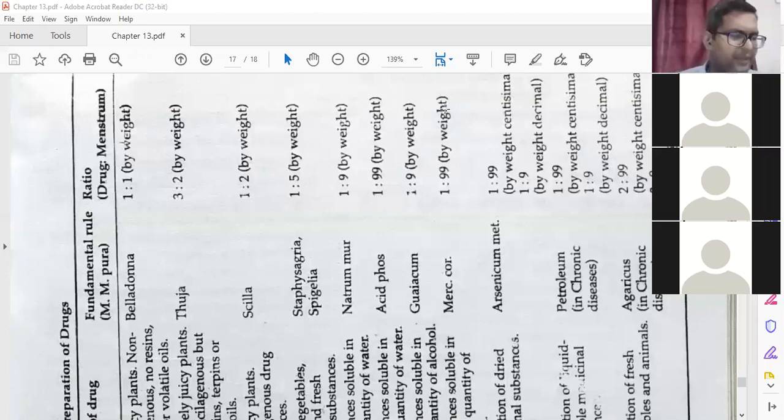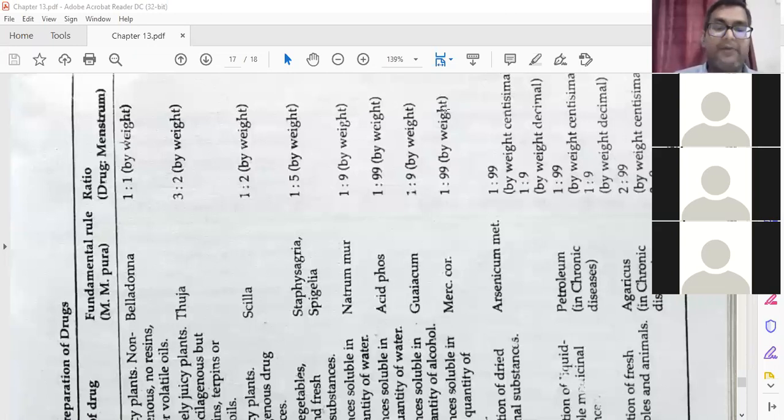Then class 2. Sources is vegetable kingdom. Nature of the drug: moderately juicy plants, non-mucilaginous but with resins, terpenes or volatile oils. Fundamental rule or Materia Medica Pura: it will come under Thuja. Ratio between drug and menstruum is 3 to 2 by weight.